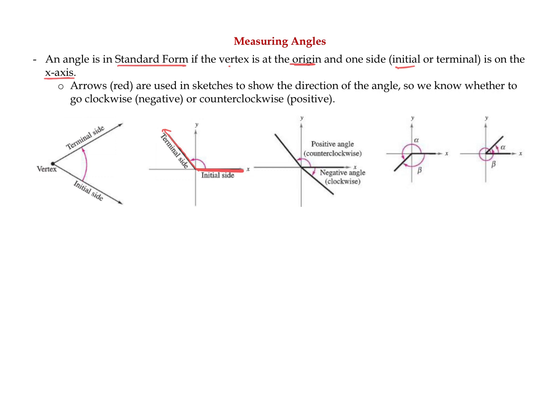We also know that counterclockwise is positive, clockwise is negative. So this is a negative direction, that is a positive direction. And then when two angles end at the same side, that same terminal side, they're called coterminal.